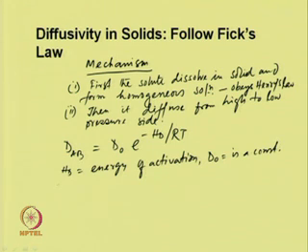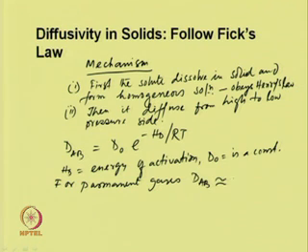Particularly for permanent gases, the diffusivity value is approximately 10 to the power minus 10 meter square per second.